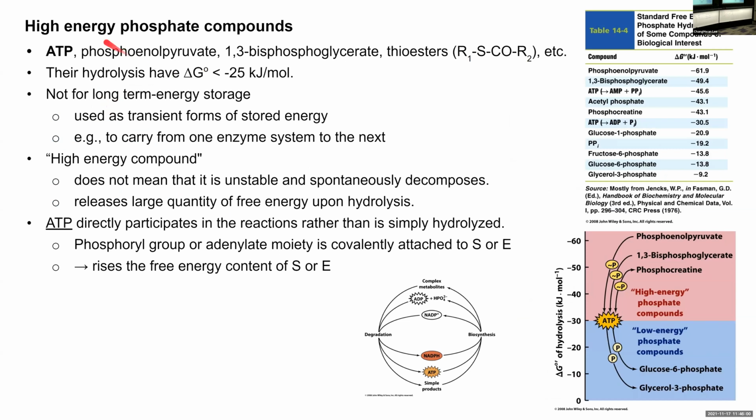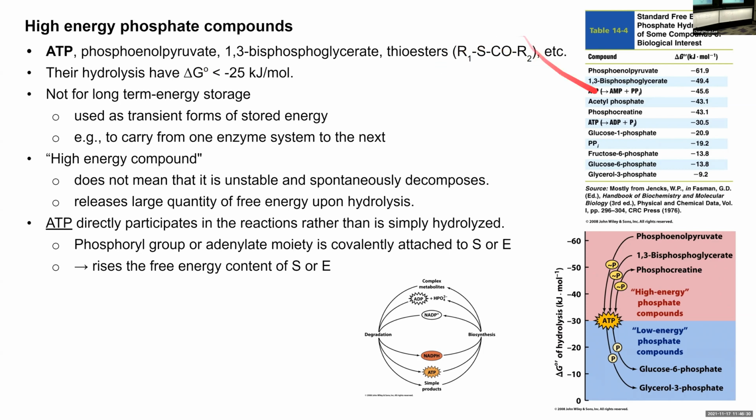Before we get to that, we want to talk a little more about high energy phosphate compounds, which are really critical for transferring electrons as well as extracting energy and saving it in a sort of transient storage form. These compounds include ATP, phosphoenolpyruvate, 1,3-bisphosphoglycerate, thioesters, and so on.